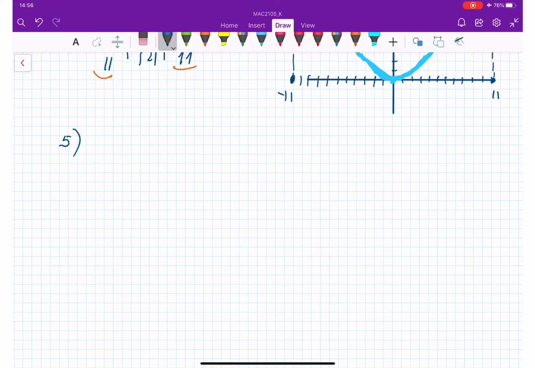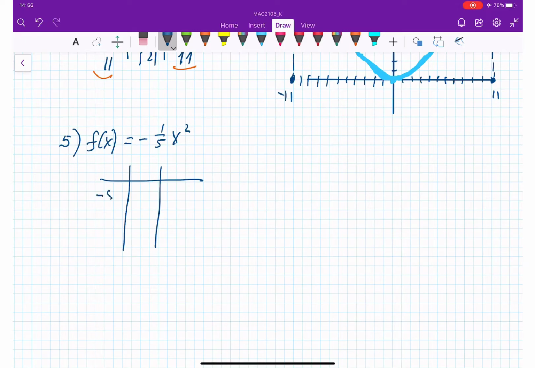So f of x is equal to negative 1/5 of x squared. All right, so let's see. Since I have 1/5, I'm going to take 5, so it gets cancelled.